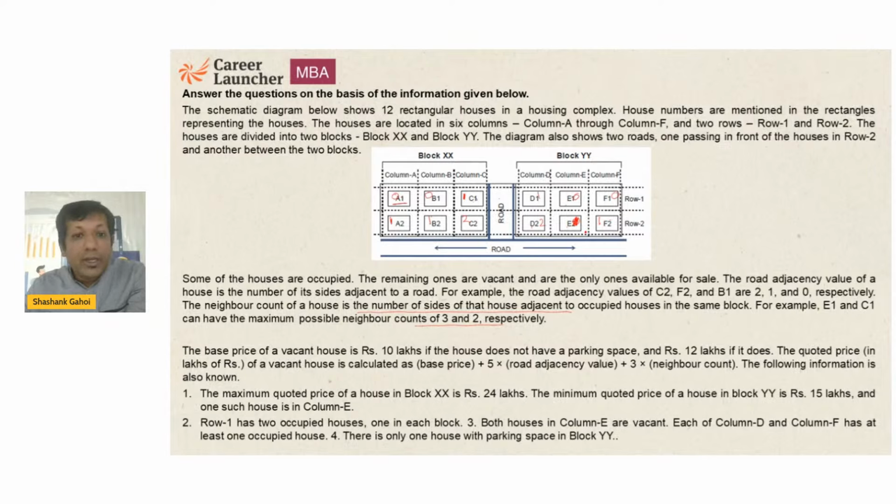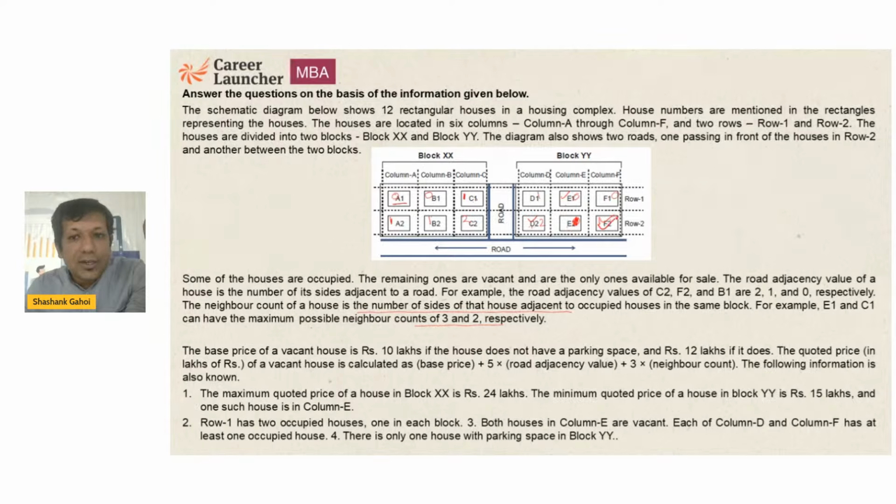What does this mean? It is not saying the neighbor count of E1 is 3. It is saying the neighbor count of occupied houses. If this house, this house and this house are all occupied, then the neighbor count would be 3.